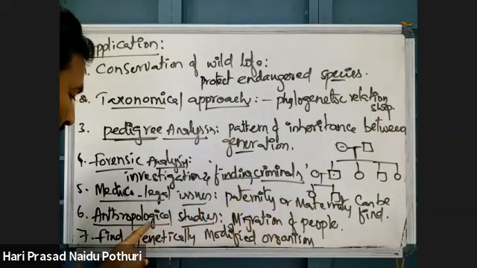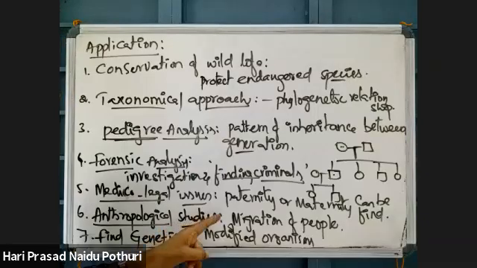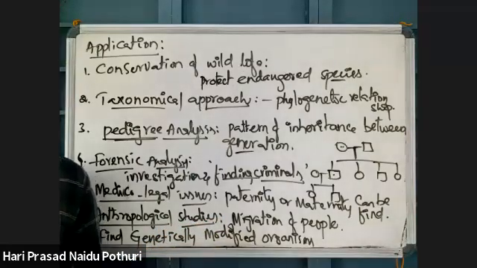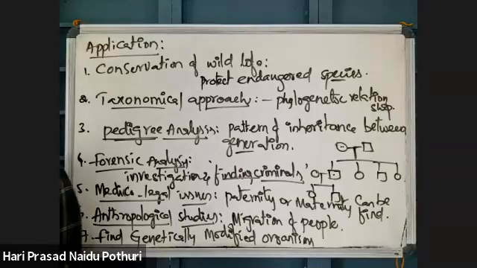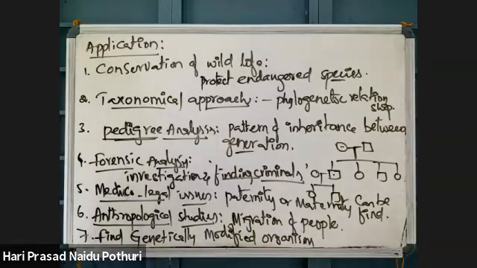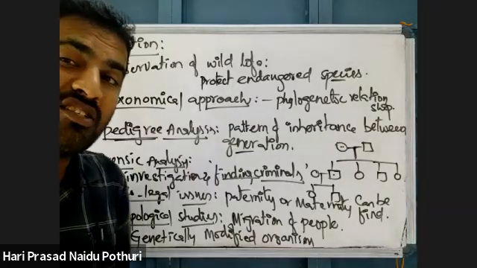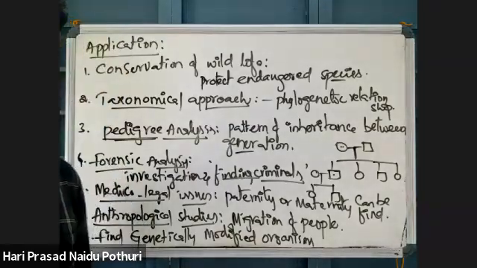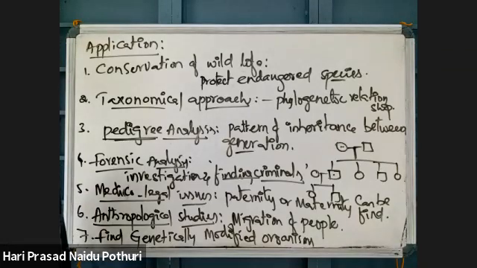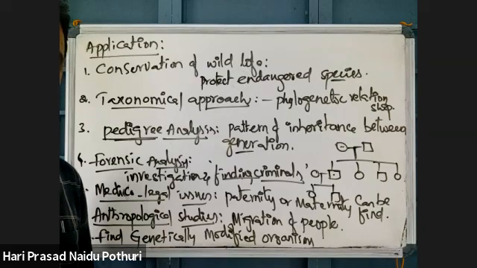We can also do anthropological studies, which means studying the migration of people. Suppose in some countries fights are going on. In India also, the Citizenship Act came, I think a year or two ago.